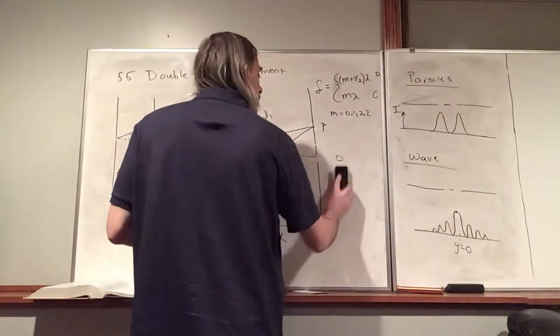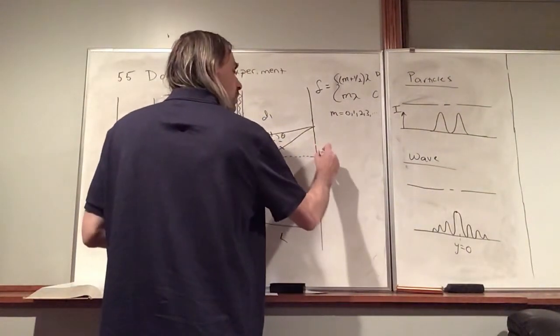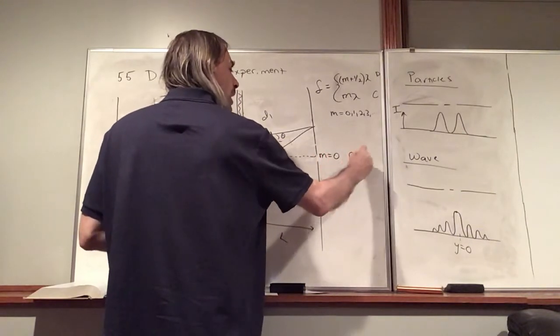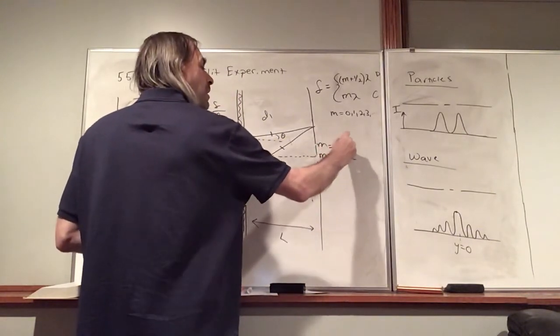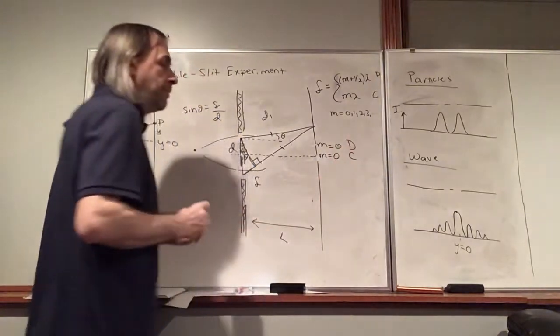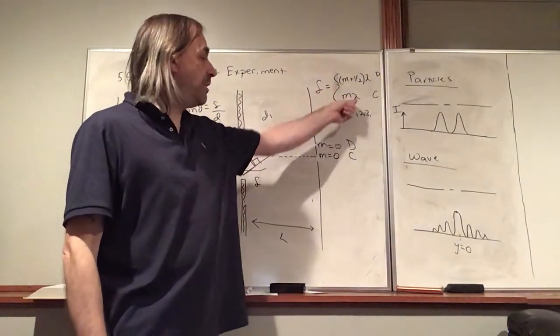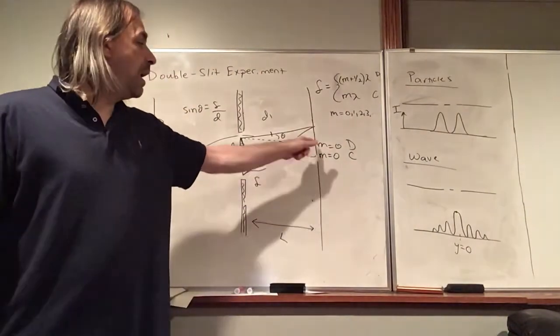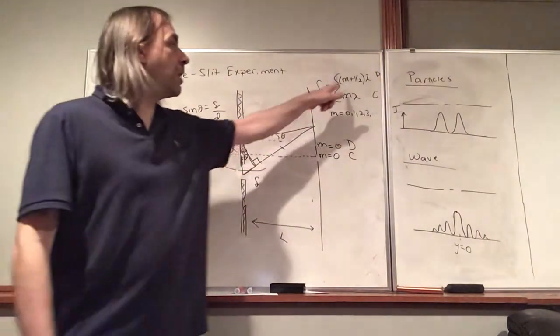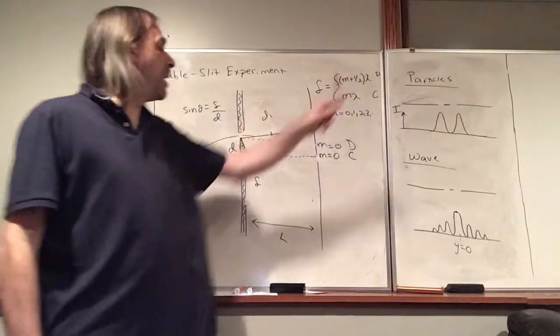So we have m equals 0 constructive, m equals 0 destructive. Here, constructive, delta equals 0 at this point. This is the m equals 0 destructive, so delta would be half a wavelength.